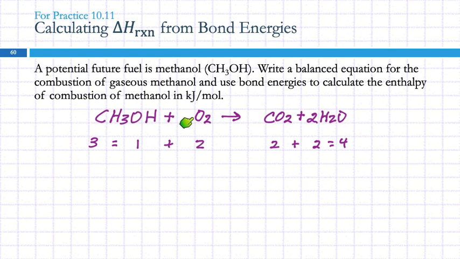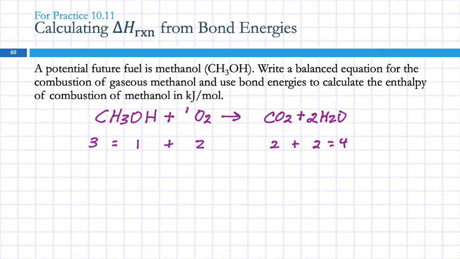But how can we get 1, because we need 1 more, right? How can we get 1 oxygen atom out of this molecule? Well, we can't out of 1 molecule, but we could have half a mole of oxygen, right?